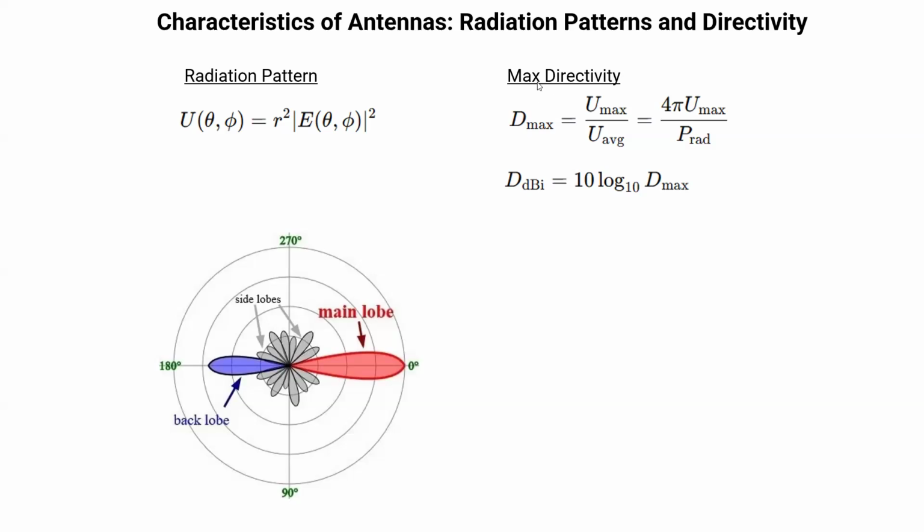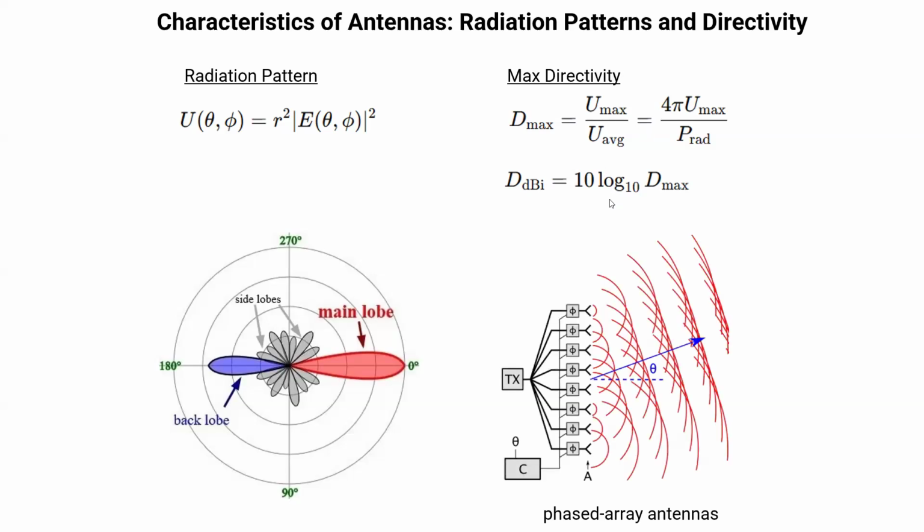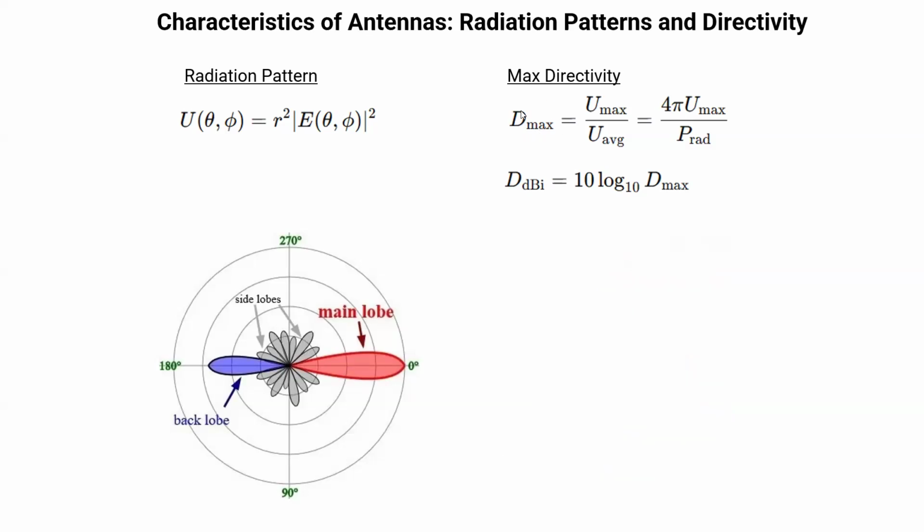So in that case, the maximum directivity is 1, is unit. So we normalize this to the isotropic radiation. Yeah, I didn't put the numbers here. So typical numbers for the maximum directivity.